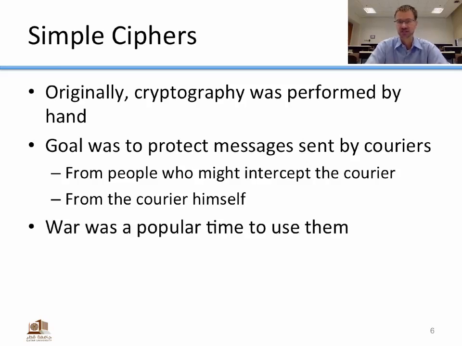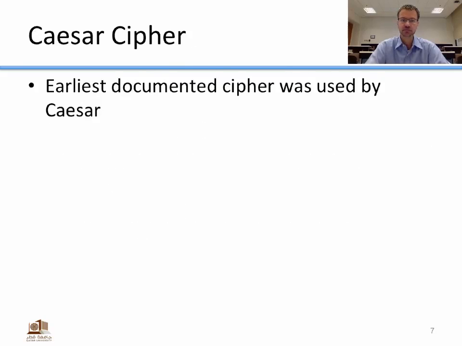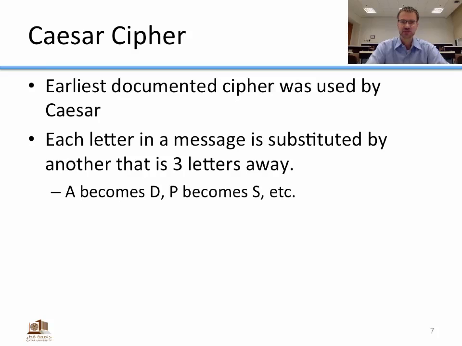War was obviously a popular time to use something like this. Generals might need to send messages between army camps, and you don't necessarily want the courier or an enemy army who intercepts the courier to be able to read the message. One of the earliest documented ciphers was used by Caesar, and for that reason we call it the Caesar cipher. His cipher was pretty simple.